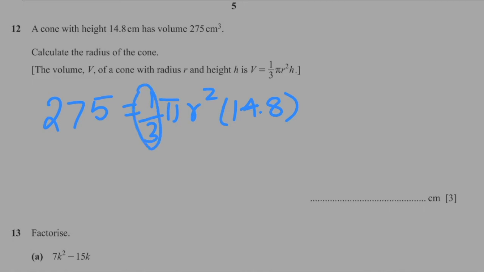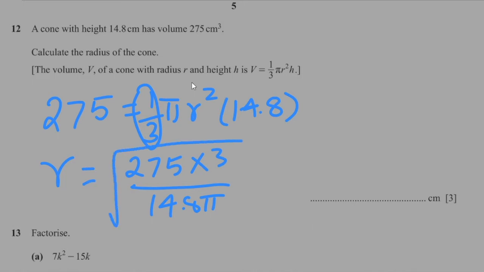So 1 by 3 multiplied by pi over here will become 275 into 3, and pi and 14.8, which are multiplying with the radius over here, will become divided by, and r is going to be the square root of this calculation, which is going to be equal to 4.21.